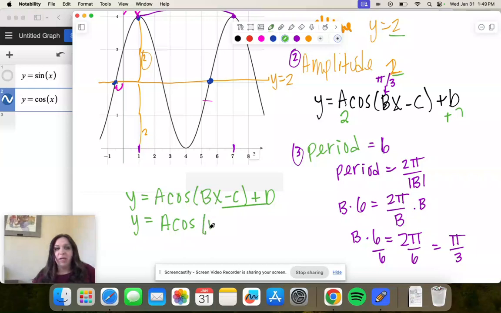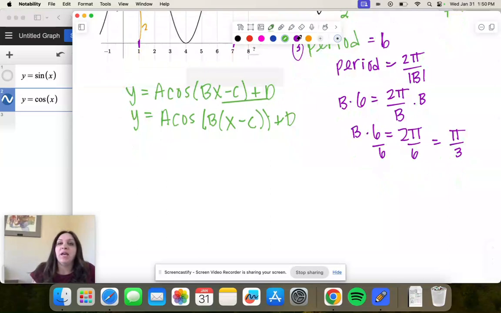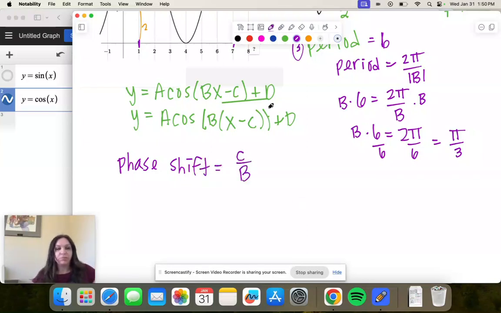So it's like b x minus c plus d. I'm doing that because when we find our phase shift, that's our horizontal shift, that equals c over b.